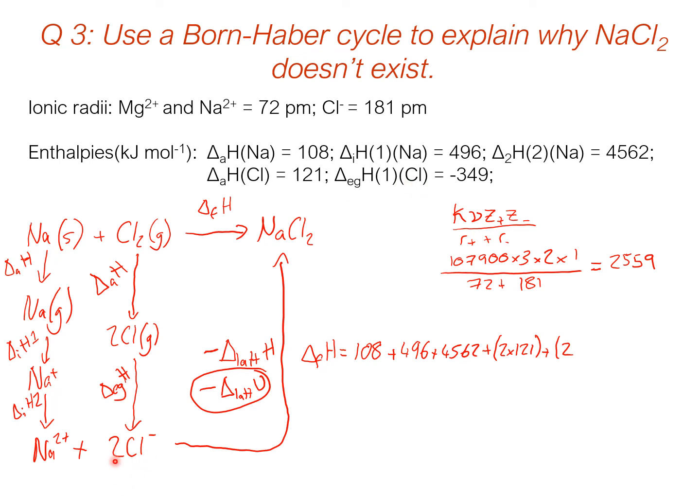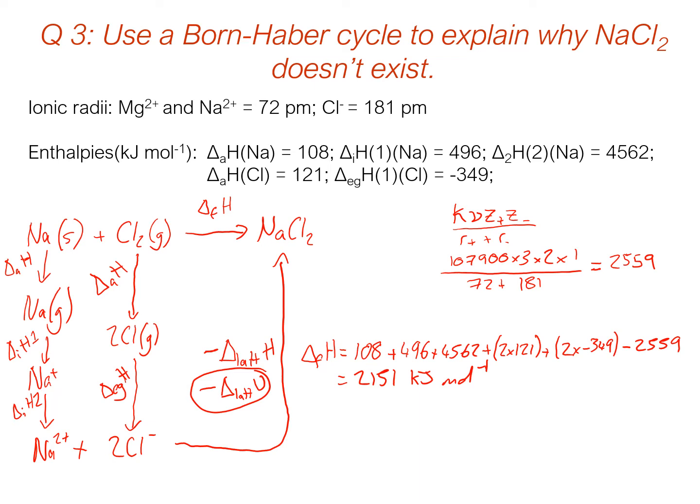We need to do this for 2 chlorine atoms. So 2 times minus 349, and then minus, because you remember the lattice energy was negative, 2559. If I open up the calculator on my phone, this gives us a value of 2151 kilojoules per mole.